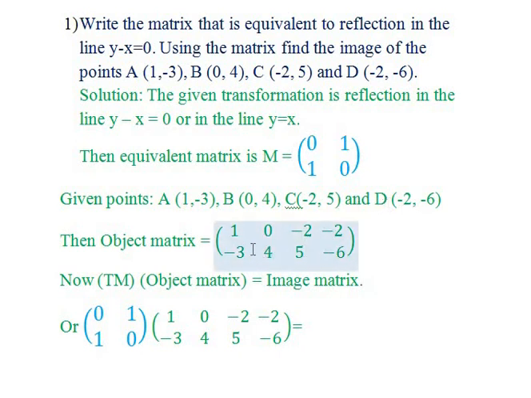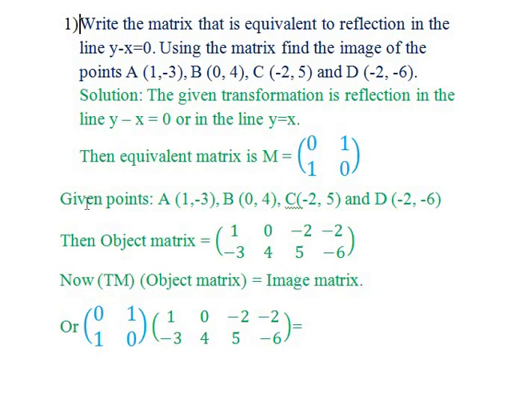This is the object matrix, which is formed by using the coordinates of A, B, C, D. So you have to write the given points in the form of a matrix by writing each row into a column. So now we have a rule to find the image.